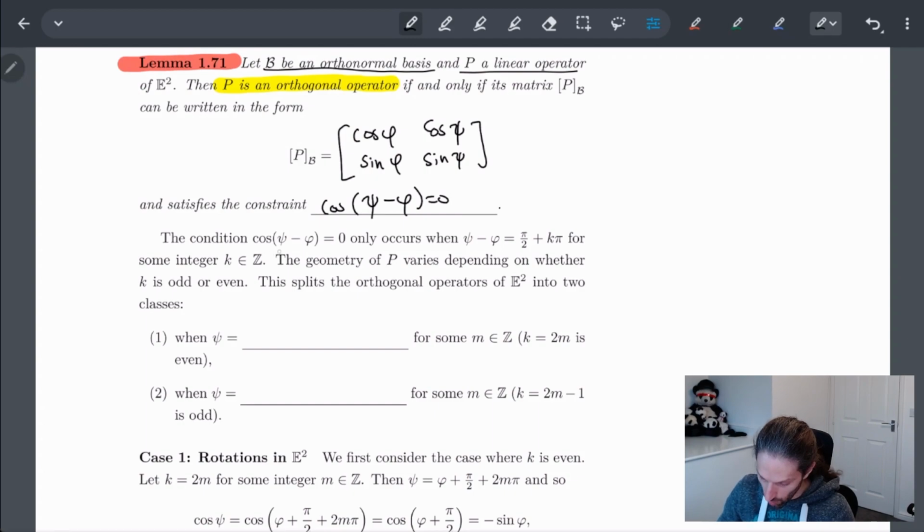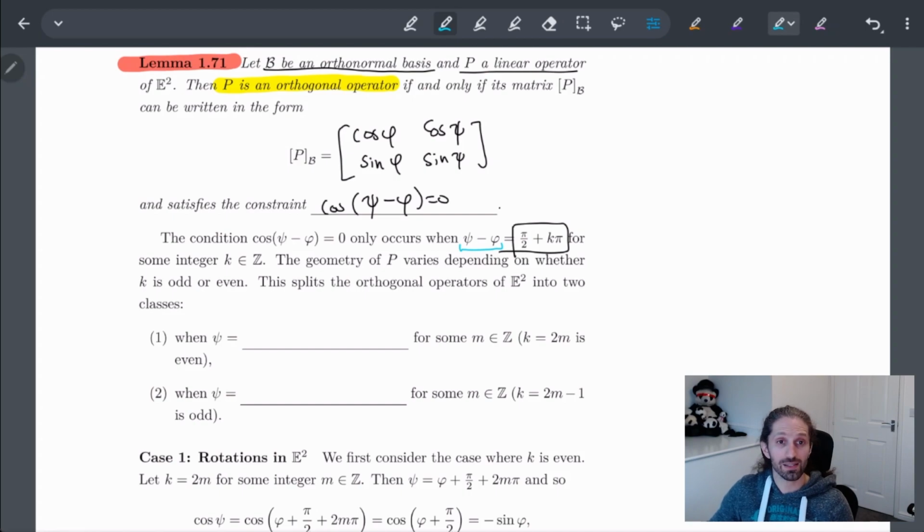So when is cosine equal to 0? Well, cosine is equal to 0 whenever we have pi over 2 plus k pi. So in other words, I need psi minus phi to equal pi over 2 plus k pi, for some integer k.